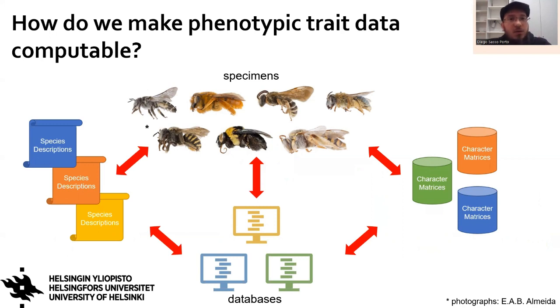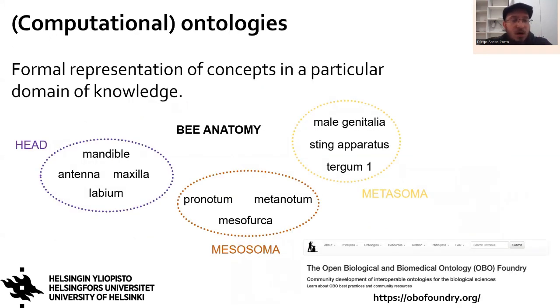But what is an ontology? An ontology, at least in computer sciences, is a formal representation of concepts in a given domain of knowledge. For example, a domain of knowledge can be anatomy, and we can formalize a series of concepts associated with the head, associated with the mesosoma or the metasoma.